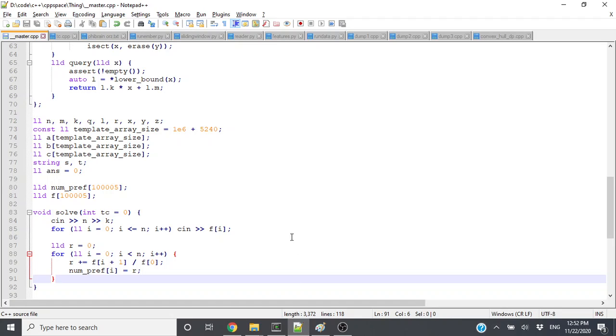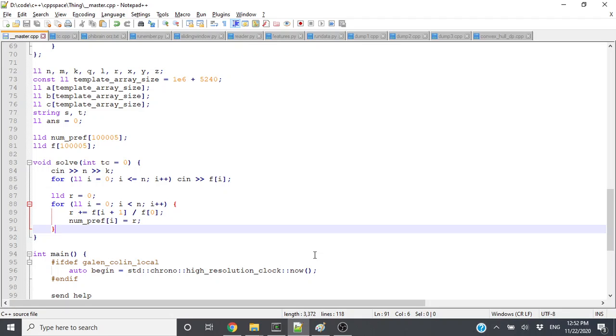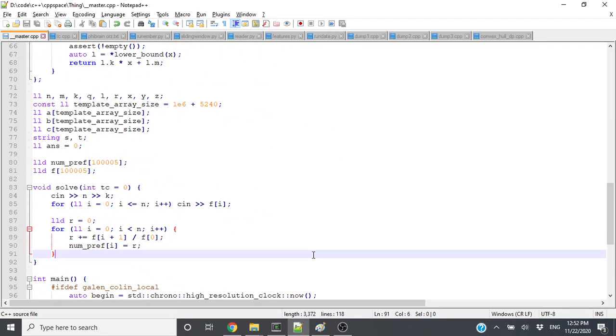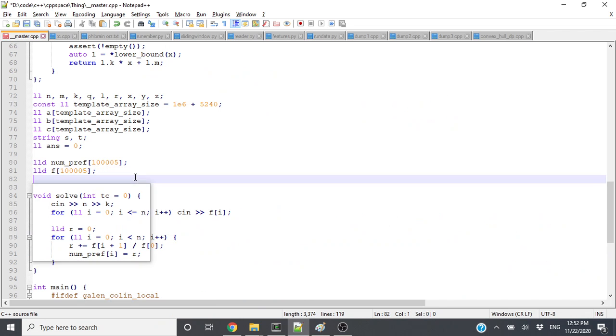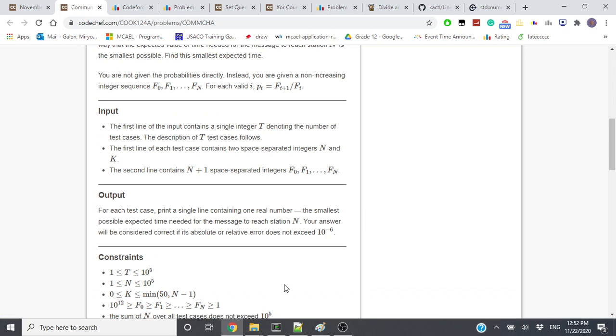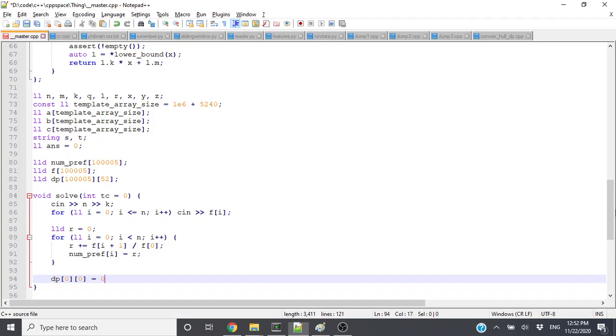Okay. Right now, what we want to do is dp is almost 50. So dp 0, 0 equals 0.